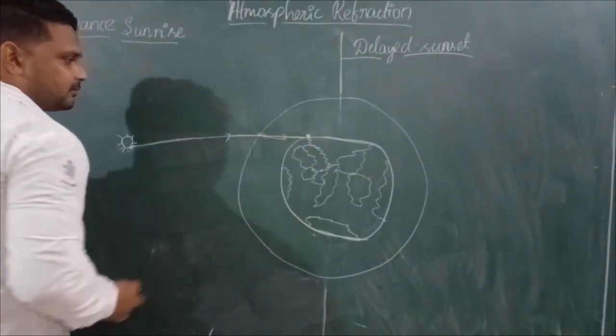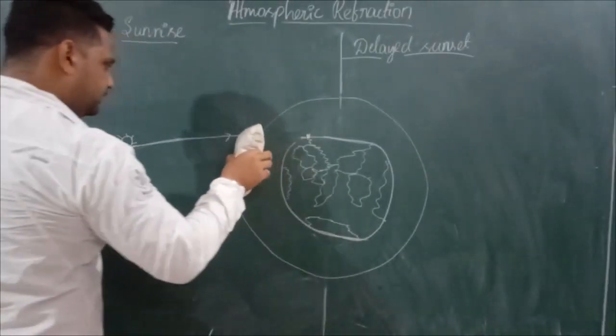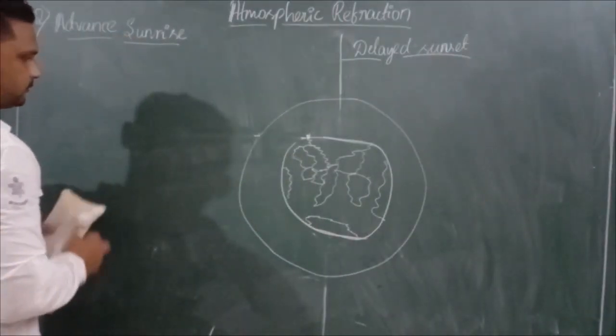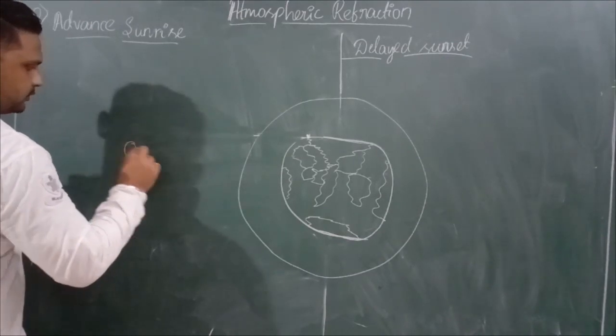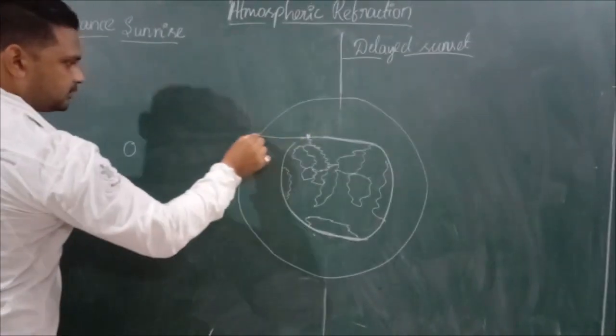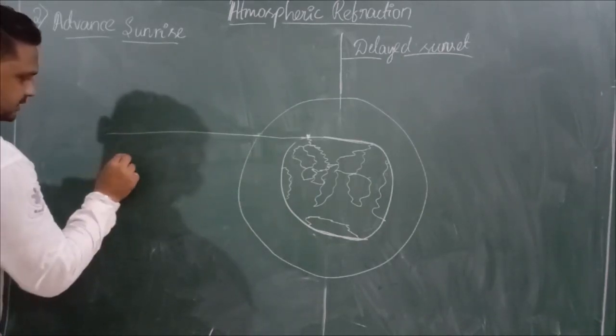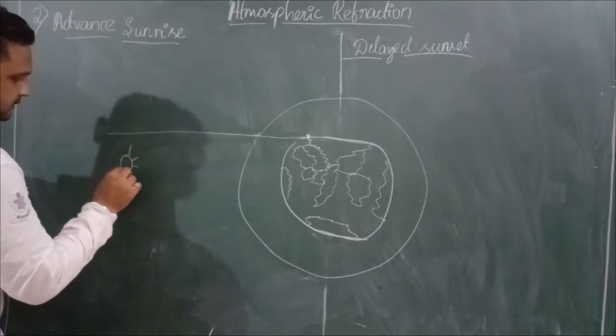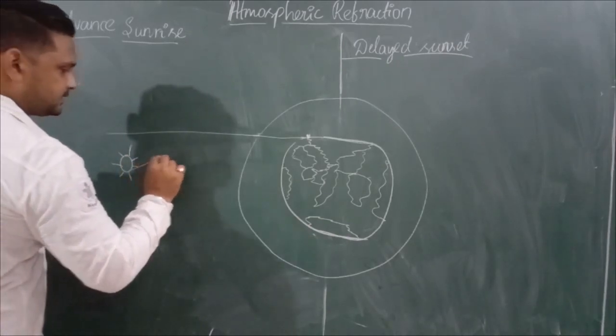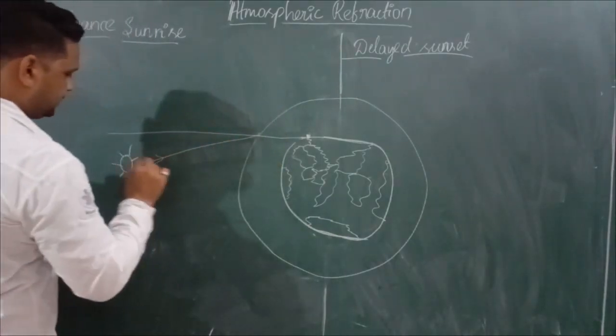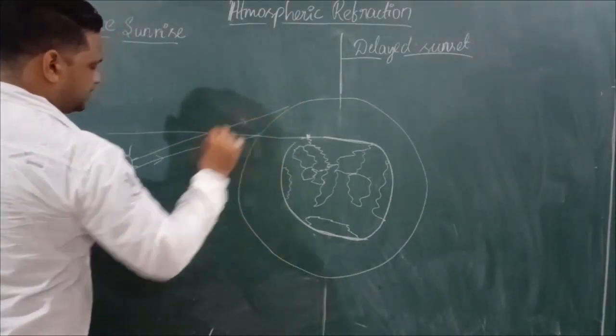So let me make it a little bit clearer. This is the horizon. We'll take the sun to be below the horizon. Now the light is coming from here, the light ray is going like this. This is the light ray, right?